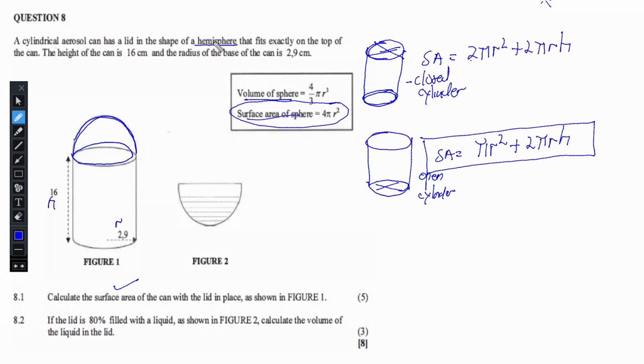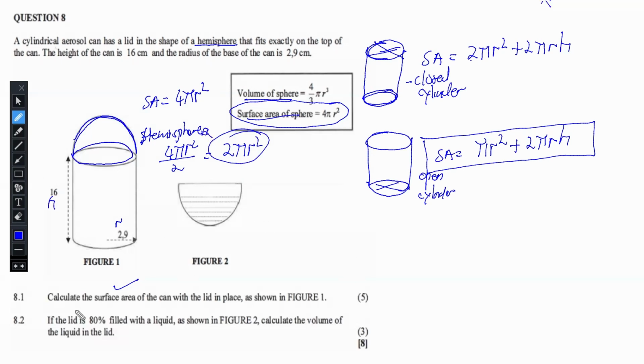What is a hemisphere? Hemi is half, so it is half of a sphere. If the surface area of a sphere is 4 pi r squared, then the surface area of a hemisphere is 4 pi r squared divided by 2, which gives us 2 pi r squared. This is the formula to calculate the surface area of a hemisphere.